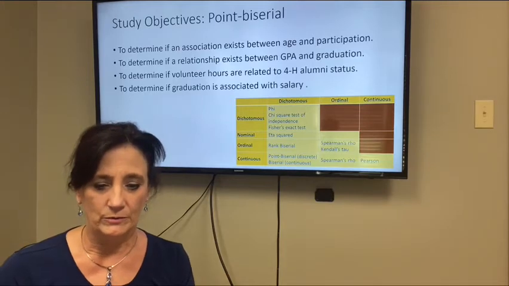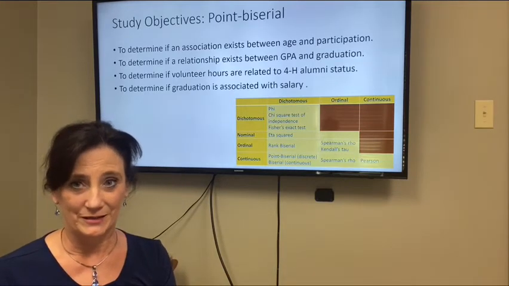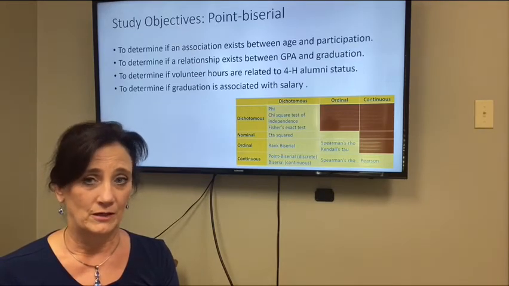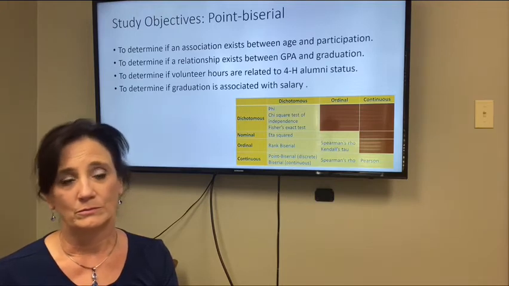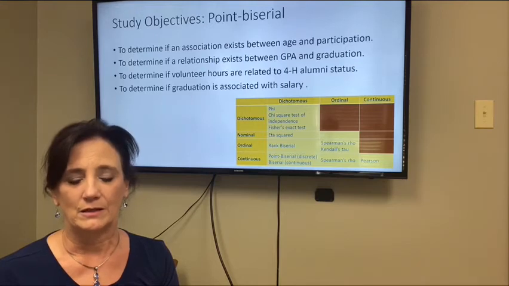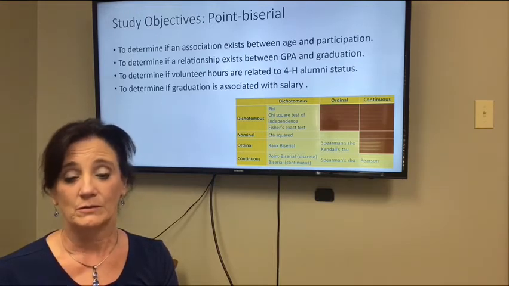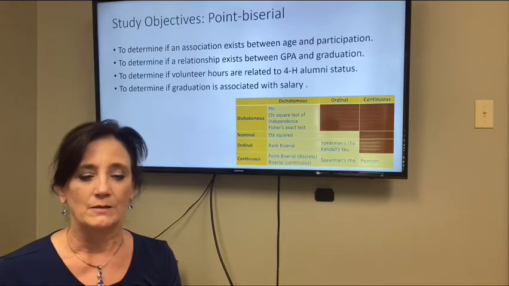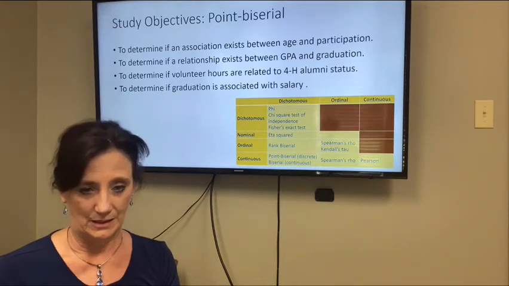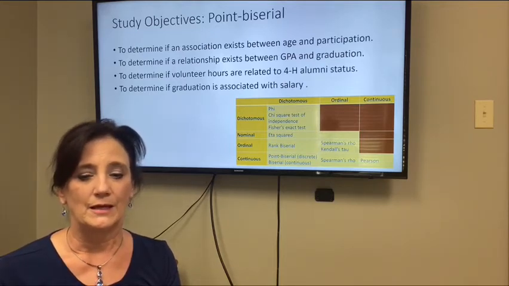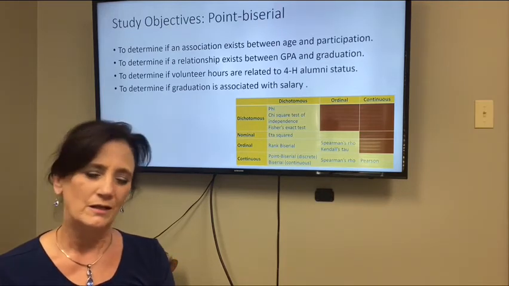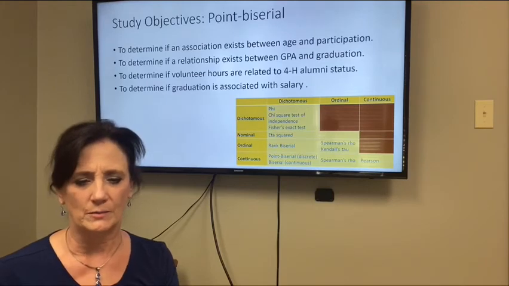Point biserial, remember that's the one where we've got dichotomous and continuous as our 2 variables. And the dichotomous variable is discrete: yes, no, male, female, true, false, those kinds of dichotomous discrete variables. Look at the examples here and decide again which ones are dichotomous.